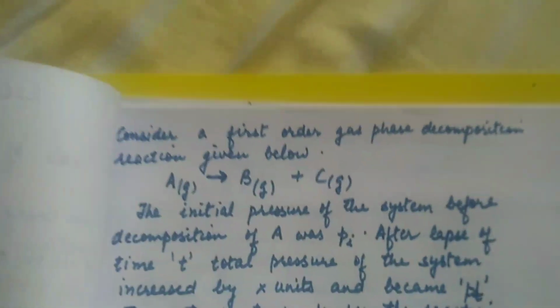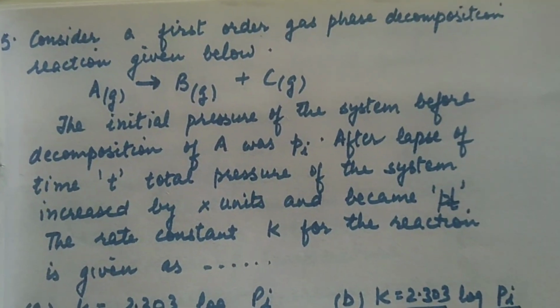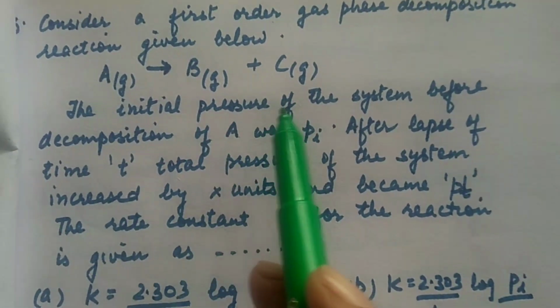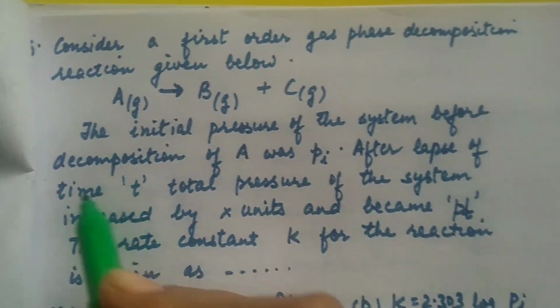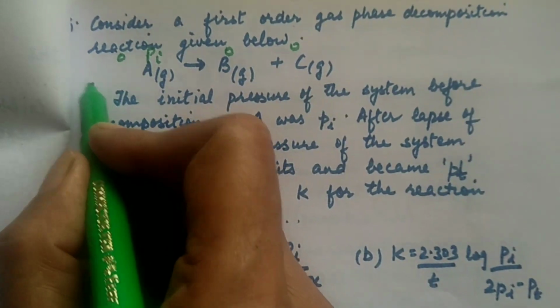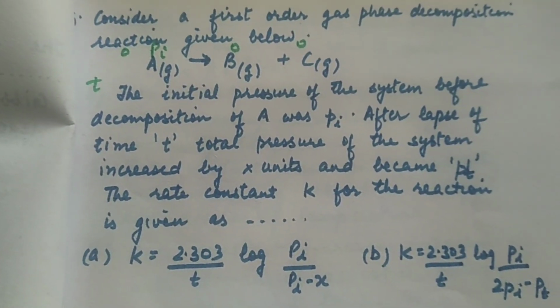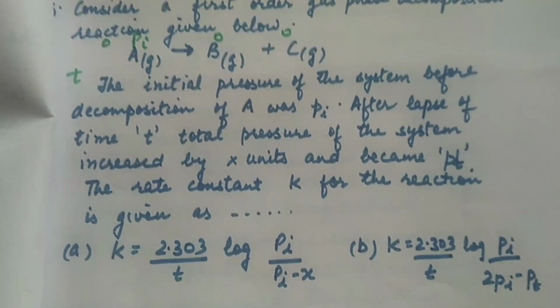The first order reaction, gas phase decomposition reaction given below: A changes to B and C. Initial pressure of the system before decomposition of A was Pi. After lapse of time t, the total pressure of the system increases by x units and becomes Pt.